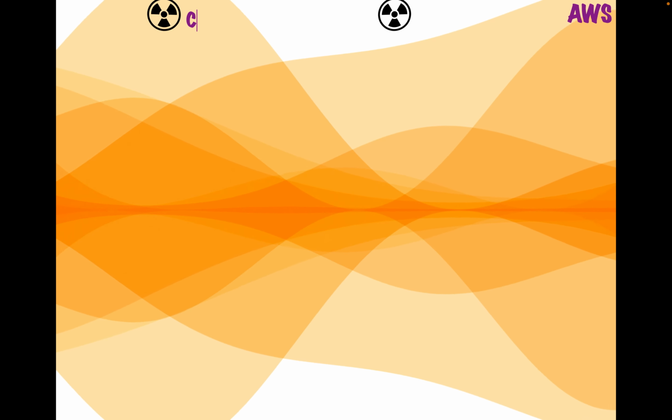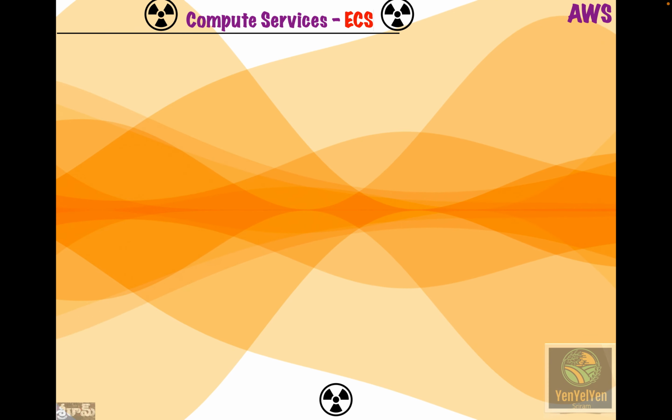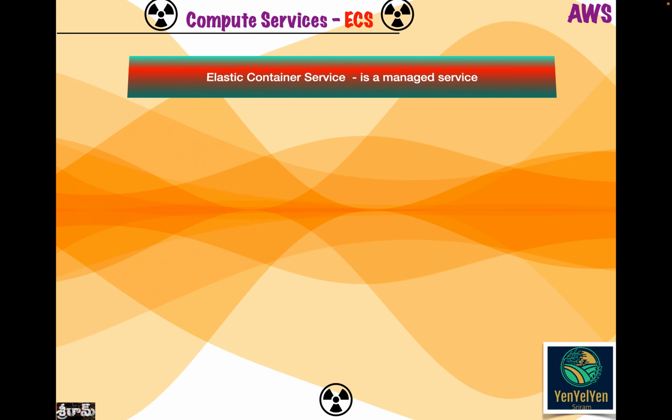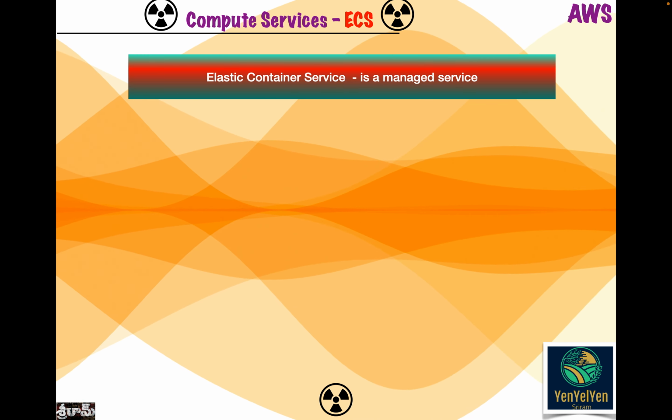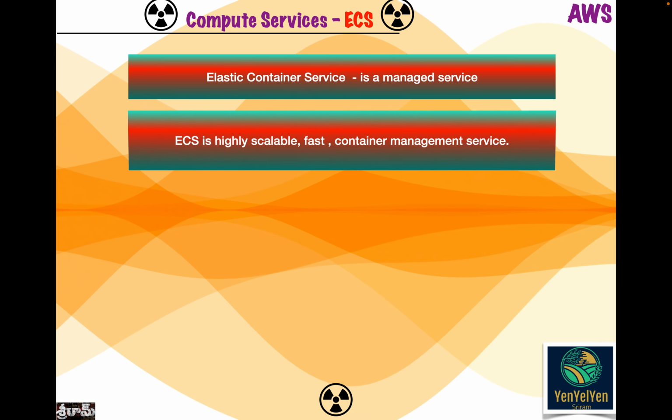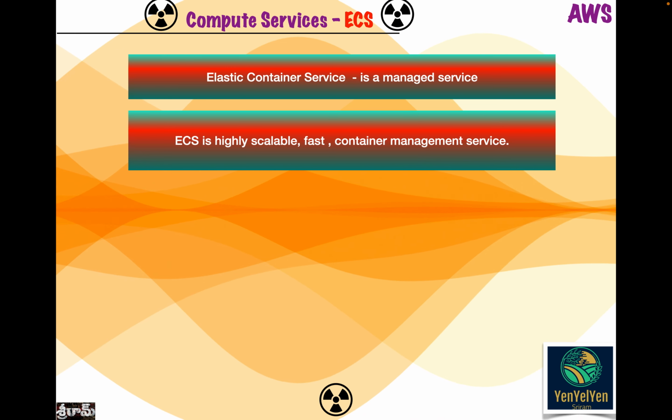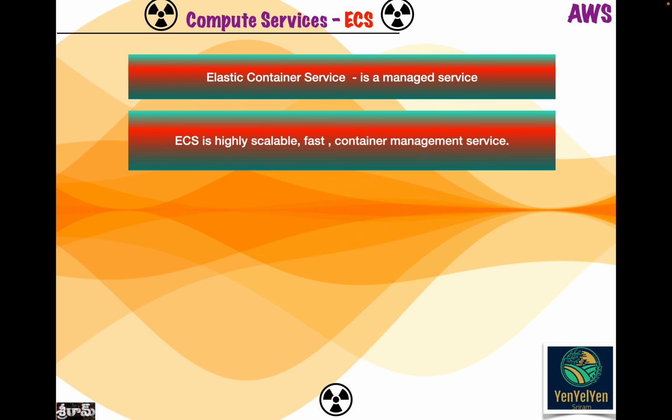Next container service is ECS, Elastic Container Service. Elastic Container Service is a highly scalable, fast container management service that makes it easy to run, stop, and manage Docker containers on a cluster of EC2 instances.